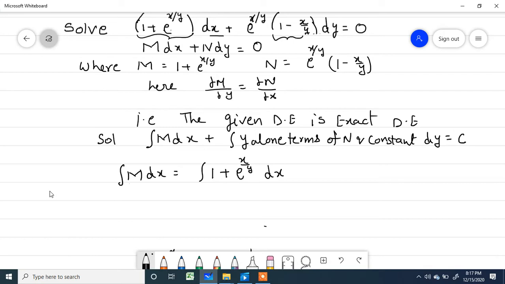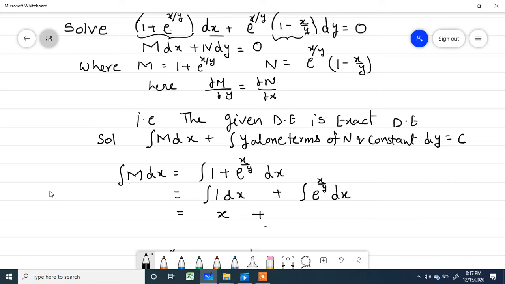So here we treat y as a constant. Okay. So here this is integral 1 dx plus integral e power x by y dx. Integral 1 dx is x plus.